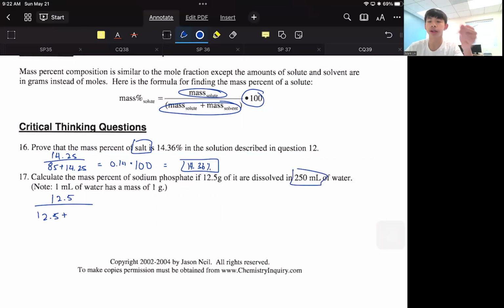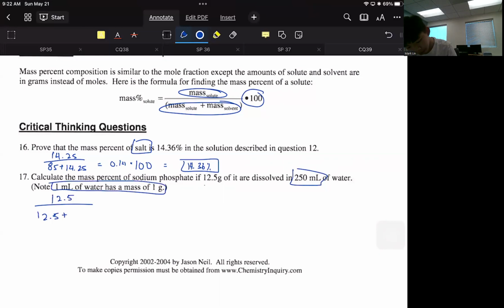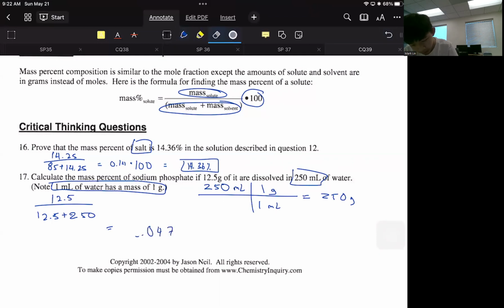To convert from milliliters to grams, 1 milliliter of water has 1 gram of water, so 250 grams. So plus 250. You divide this out, it's gonna be 0.0476. And then you multiply this by 100, you get 4.76%.